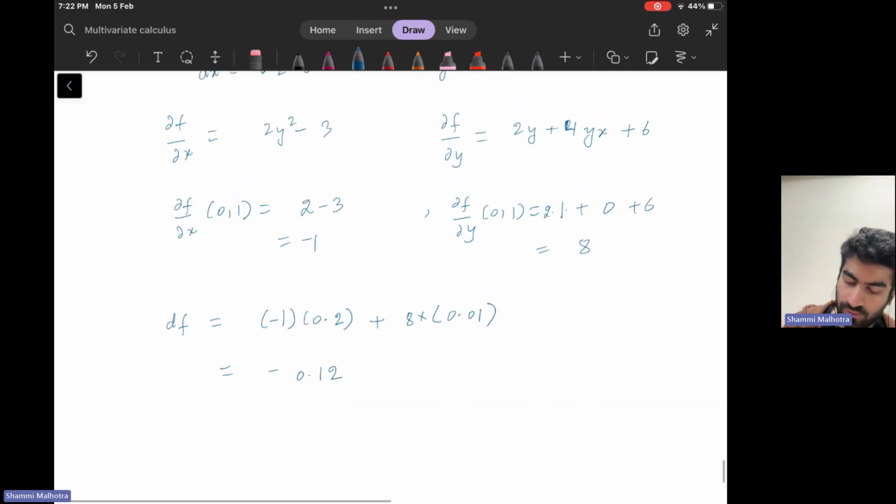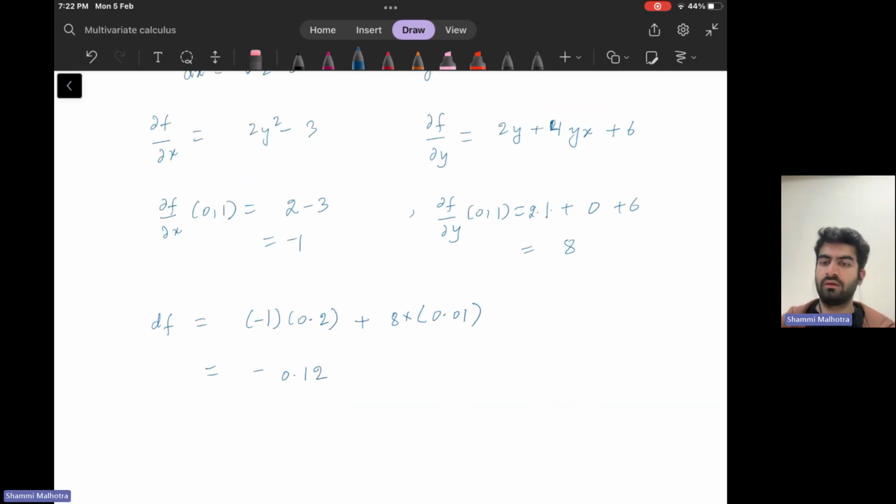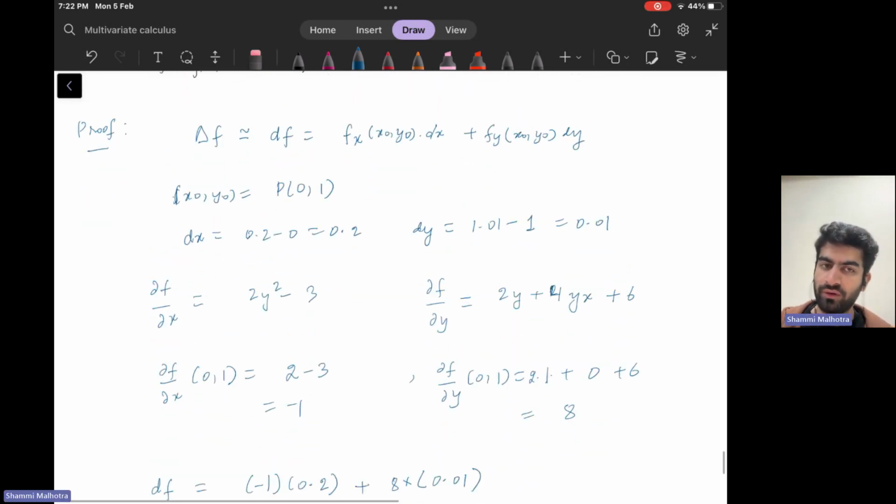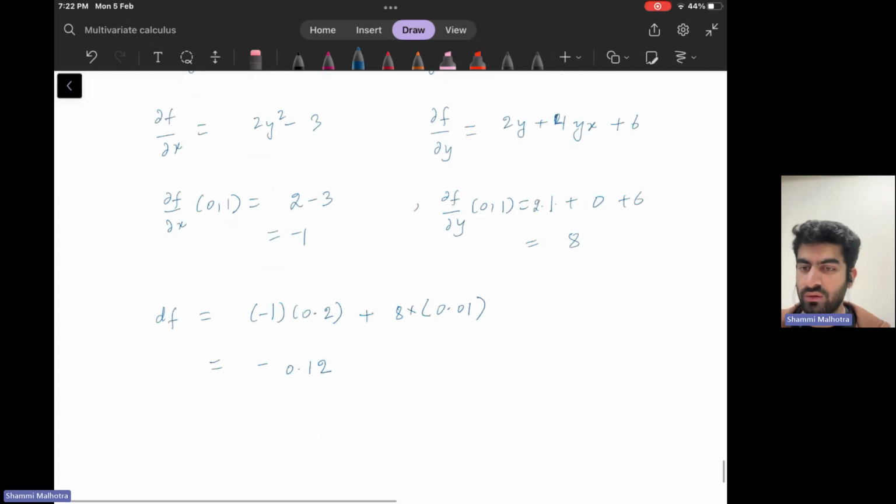So this is the approximate change which I get if I move from point P to point Q. Okay. I think it's pretty straightforward. You just have to plug in the values. As long as you know the formulas, you just have to plug in the values and compute. That's all you have to do.